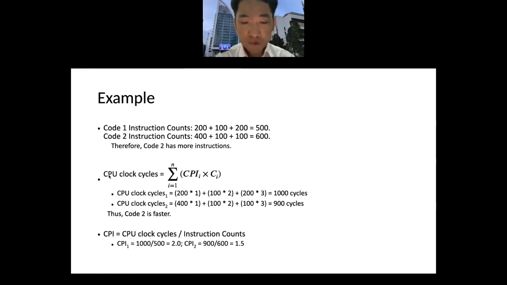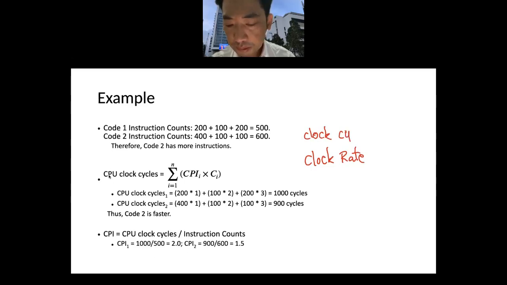To calculate the time, we need the clock rate or we need the clock cycle time. But we don't have either of them. We don't have the clock cycle time, we don't have the clock rate. So we cannot calculate the time directly.